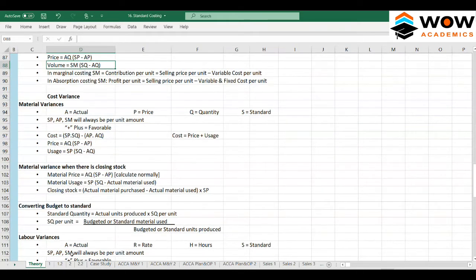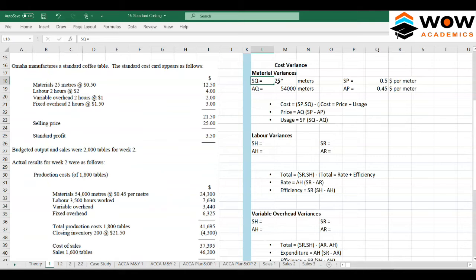See here, standard quantity per unit is the standard material divided by budgeted units. And standard quantity equals actual units produced into standard quantity per unit. You have to multiply that. Per unit it is 25 meters. How many units did we produce?